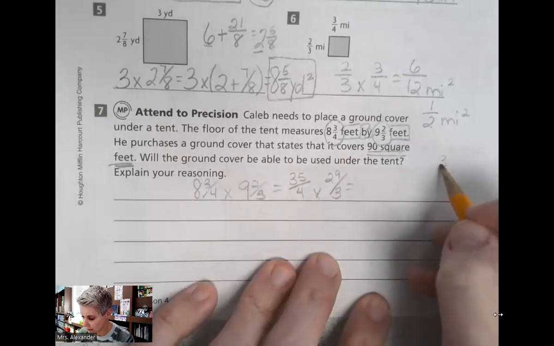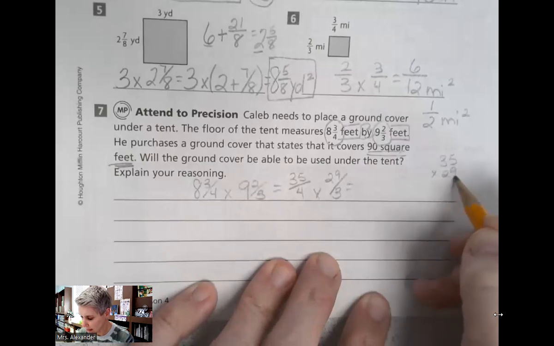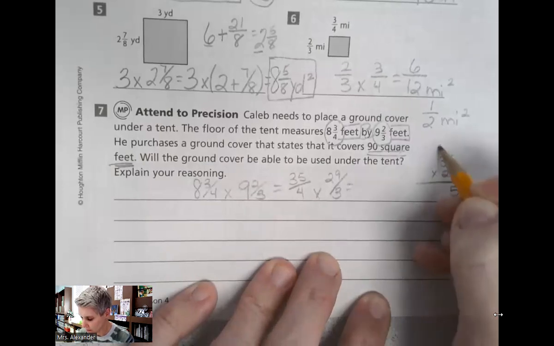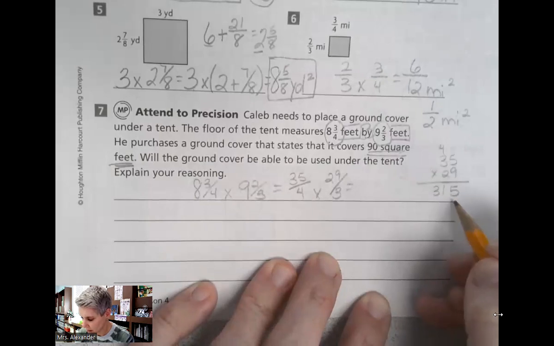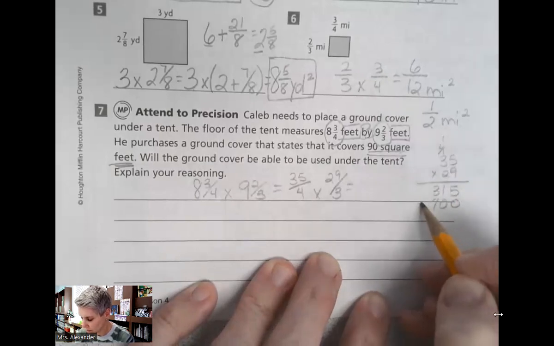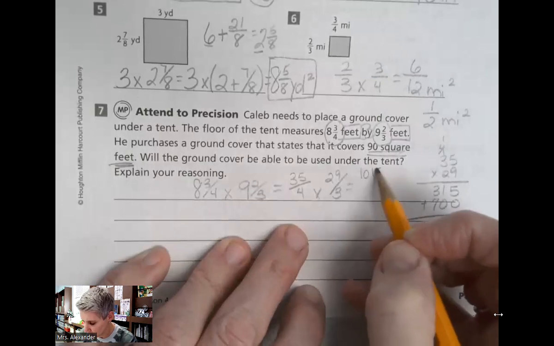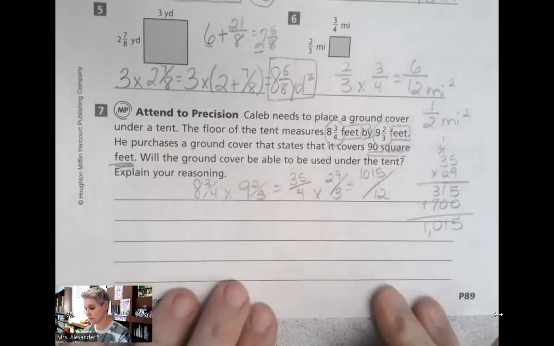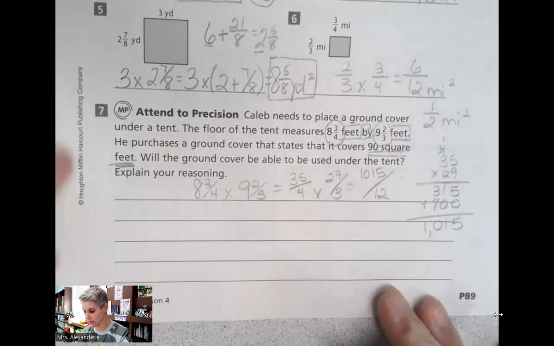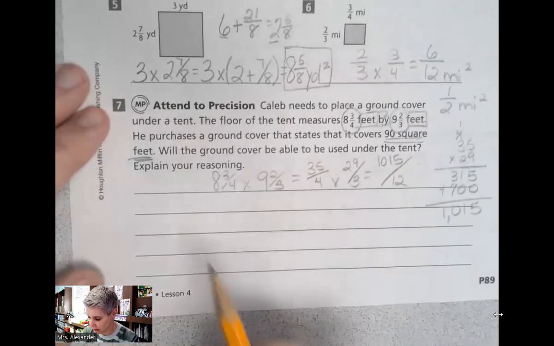So 35 times 29. Working along with me at home, I hope. Looks like 1,015 twelfths. I've got some work to do here.